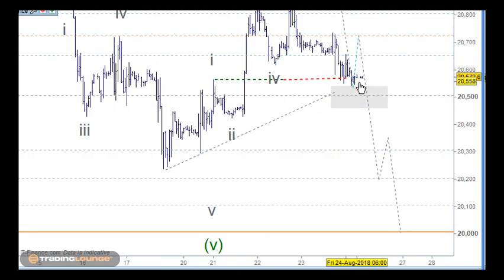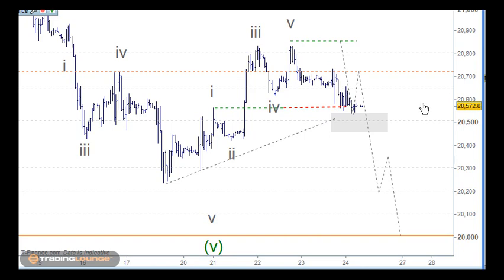This move down through here, unless this is wave 5, then it's acceptable for this to be an A and a B and a C into this box here and move up. And if that's the case, then you can move up, probably coming through here, getting support on this side of the trend.